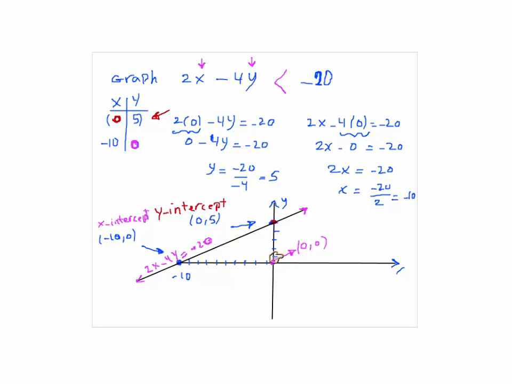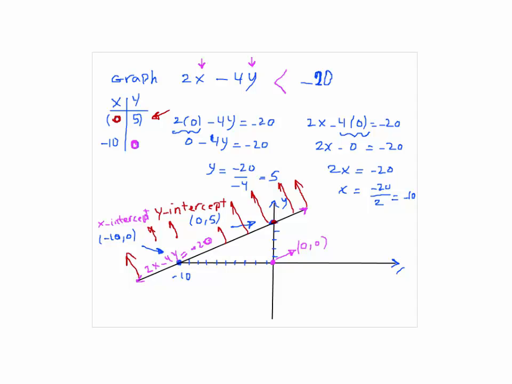So it means the solution must be above the line. So all the points above the line, like that, would be the solution.